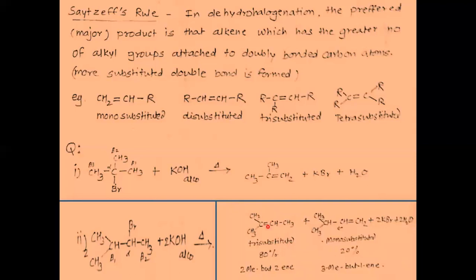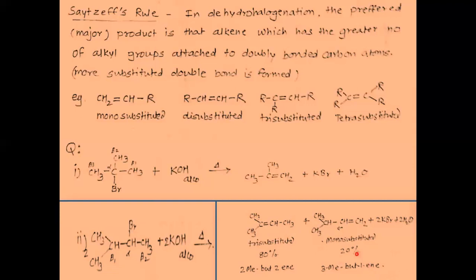The double bond or alkene is tri-substituted, that is, here two alkyl groups and here one alkyl group. And this other one is mono-substituted. Across this carbon-carbon double bond, one hydrogen is replaced by an isopropyl group, and this carbon has two hydrogens as they are. So this is mono-substituted. This alkene, 2-methylbut-2-ene, is the major product, and this is 3-methylbut-1-ene.